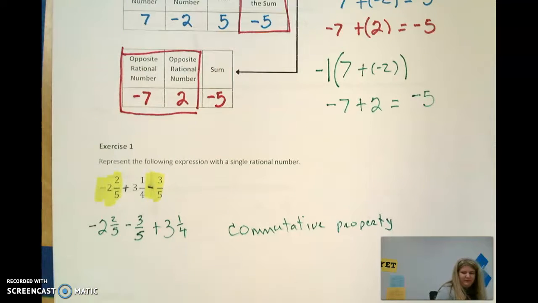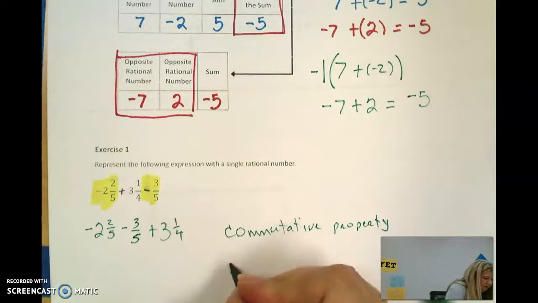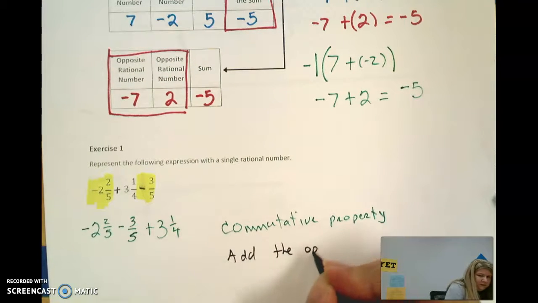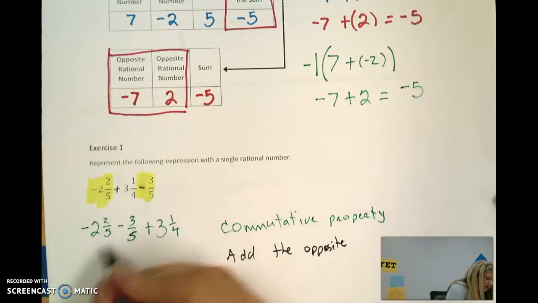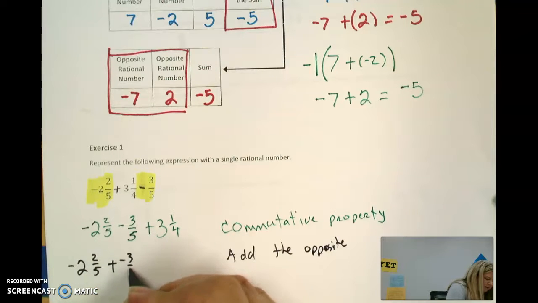Now watch what happens. I should probably rewrite this as an addition problem. So, I'm going to add the opposite, because that's the same as subtracting. That's just right here. I'm going to do that. Negative 2 and 2/5 plus negative 3/5.